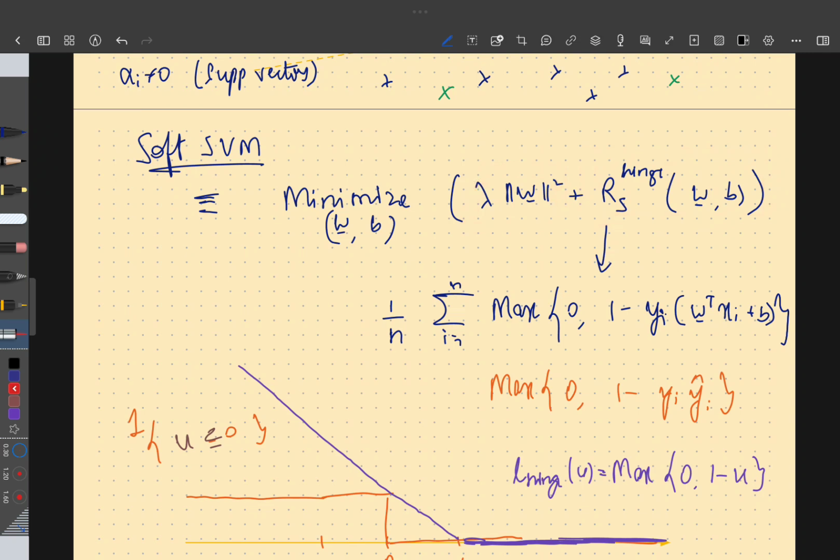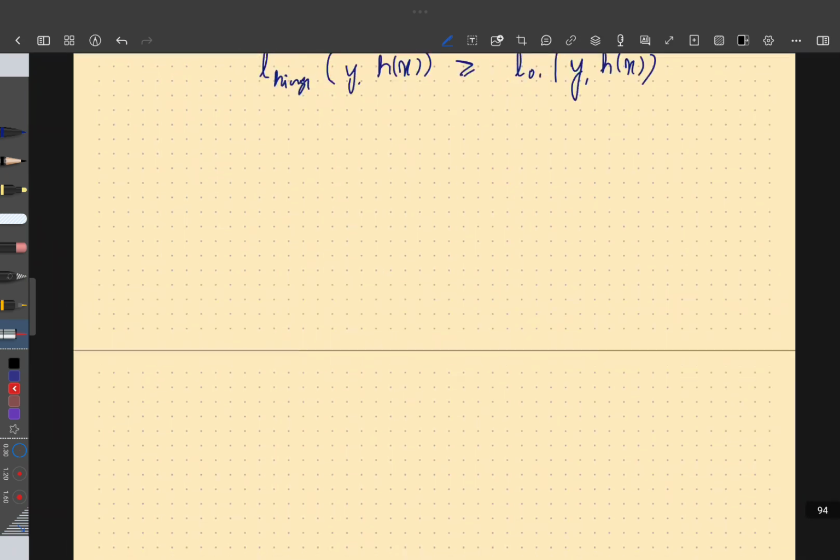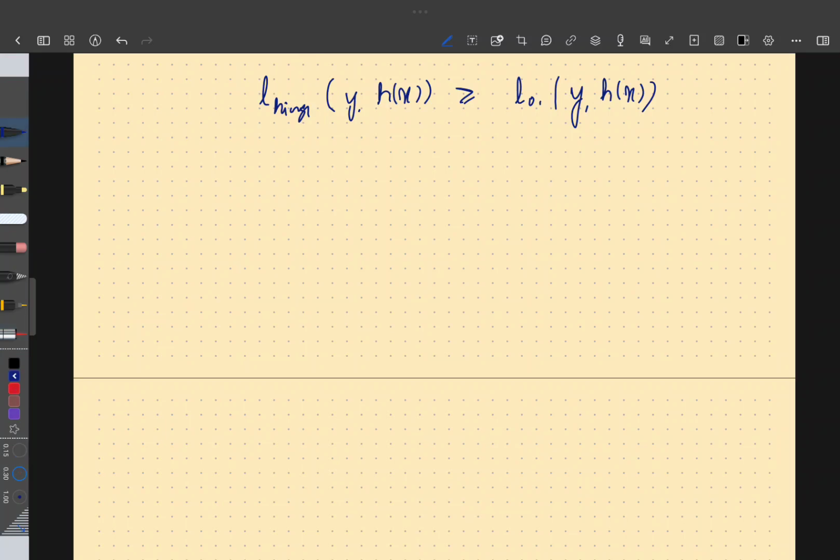If you have any objective function, you minimize some function f of x plus some constant, typically a hyperparameter lambda, times g of x.